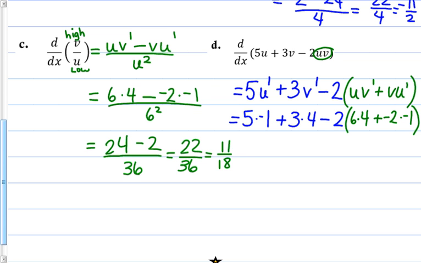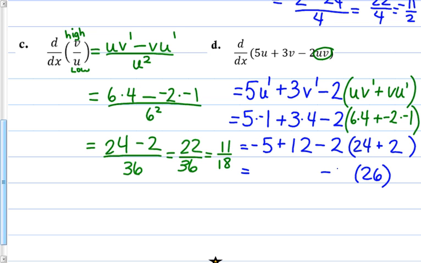All right, let me simplify. So 5 times -1, -5. 3 times 4, that's 12. Minus 2 times whatever I get in here. So 24 plus 2 is 26.